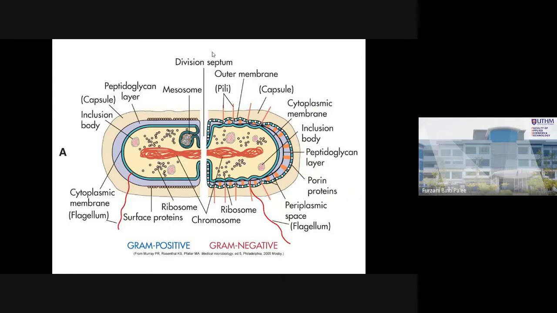So what is the major difference between the composition of the gram positive and the gram negative? One thing that we can surely see, obviously, is the peptidoglycan layer, which is the one colored in purple. For gram positive, the peptidoglycan layer is very thick, however for gram negative, the peptidoglycan layer is very thin.